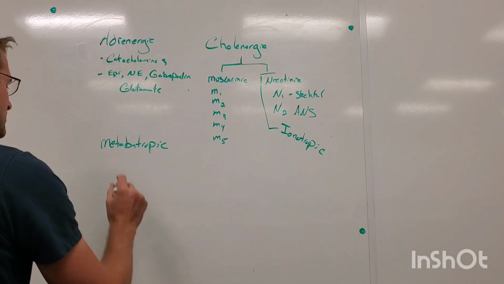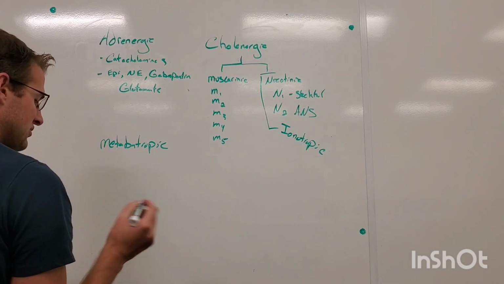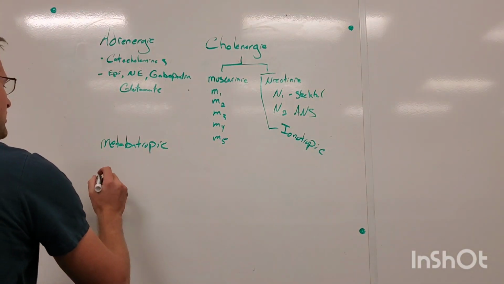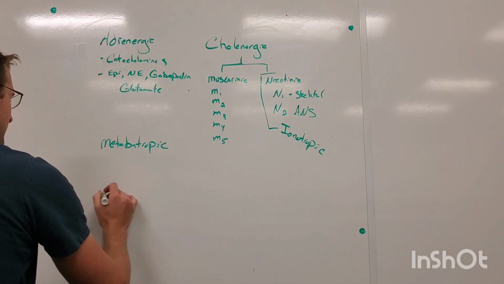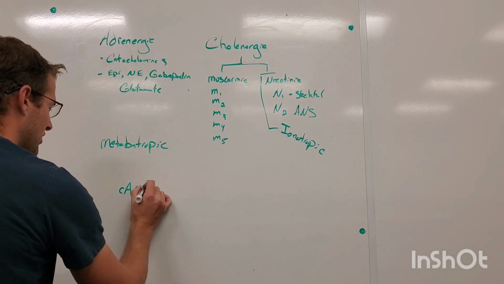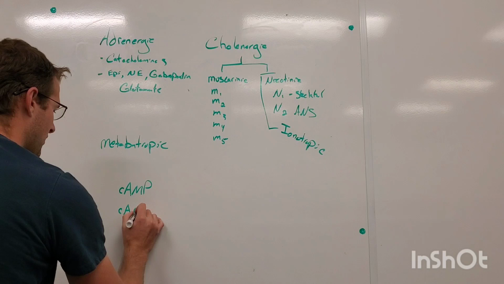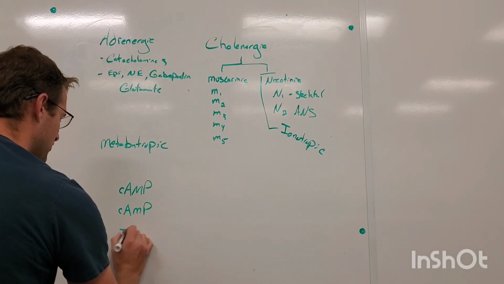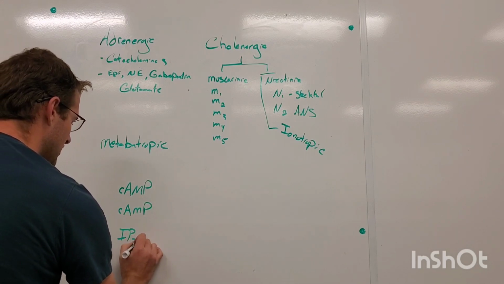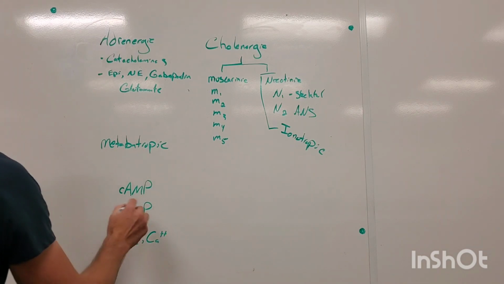Metabotropic and adrenergic. So there's two pathways that we've learned about so far with these. So there's the cyclic AMP pathway. There's also the IP3 and calcium pathway.